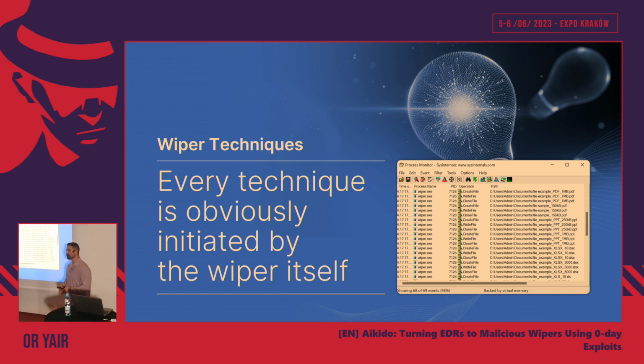So that means that if, for example, we will run process monitor while a wiper runs with the file overwrite technique, then we will see a process that opens and writes to a lot of files. And that can be legitimate in certain occasions, but it's still extremely incriminating and obvious when we see such an unknown process that opens and writes to a lot of files.